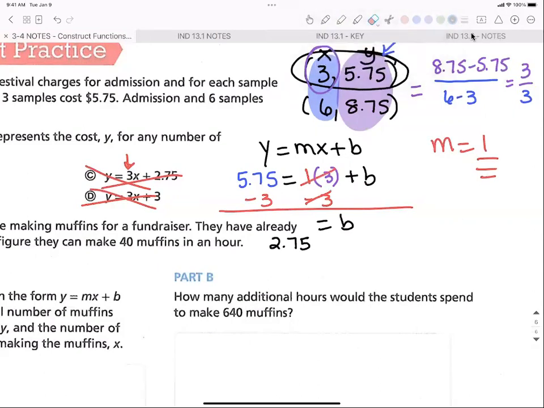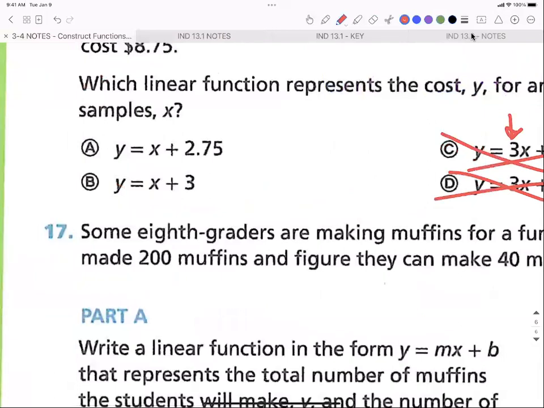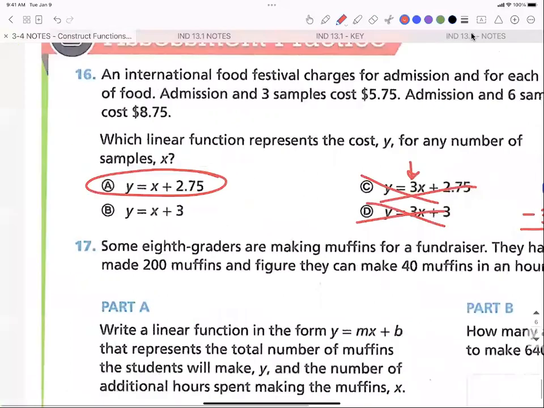That was really bad. When I put minus 3, I need to be smarter and put minus 3.00. So line it up so you don't make my error. So you get that B equals 2.75. Well, now can I pick my equation? There it is. That's the one with the right M and the right B. I sure can.